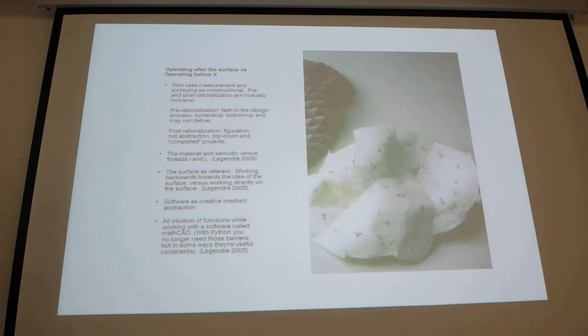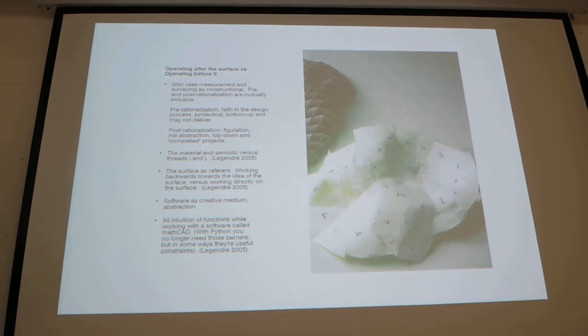So operating after the surface versus operating before it. Shin's method of working would be operating after the surface. So a surface is created, or you start with a surface and then you begin to hammer at it, you begin to carve out of it. Okay, that is operating after the surface. Operating before it is there is no surface to start with. You are scripting or digitally making the surface.